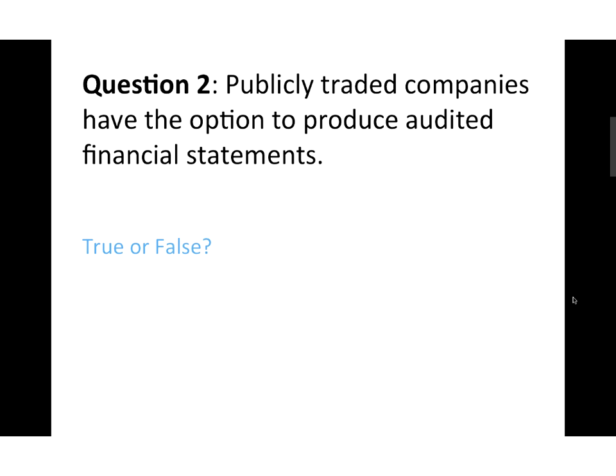Let's say you own stock in Kellogg's, and Kellogg's has a really bad year. Does Kellogg's have the ability to say, it's a bad year, let's skip the financial statements this year? Would that ever happen? No, they are absolutely required. There is no option about this at all.